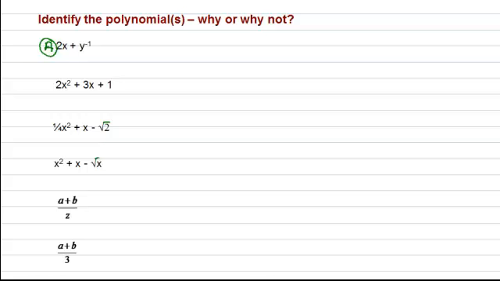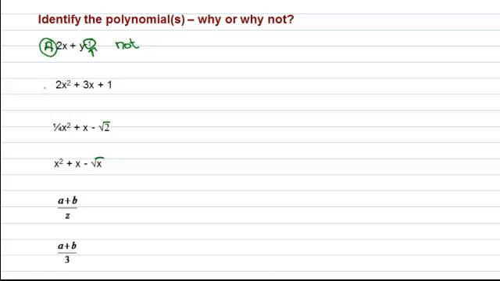And the two that we're looking at that would make it not a polynomial would be division and radicals. So we're going to look at A, and we see in A that there's a -1, so this is not a polynomial because it has a -1 exponent.